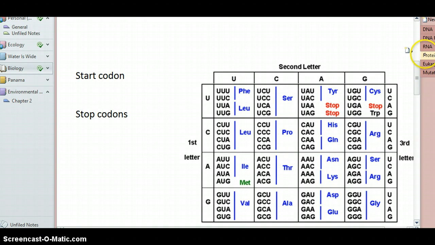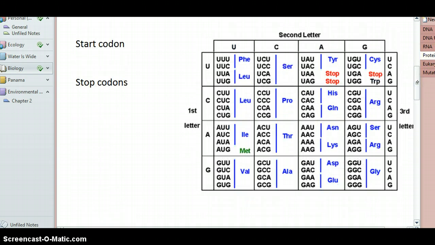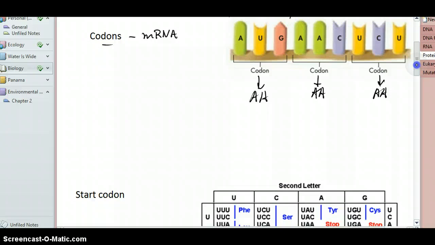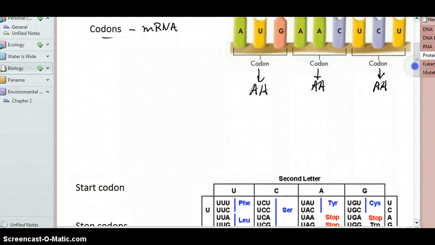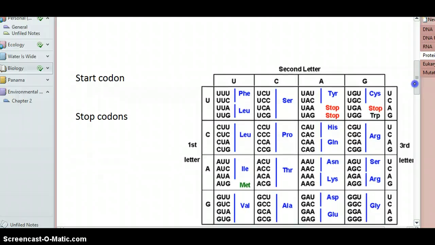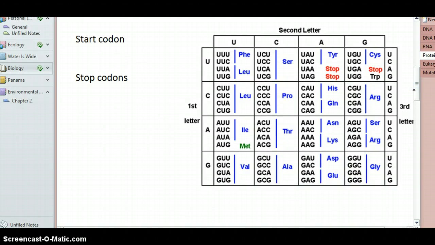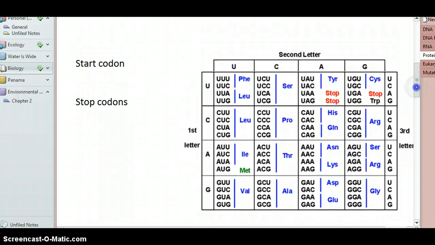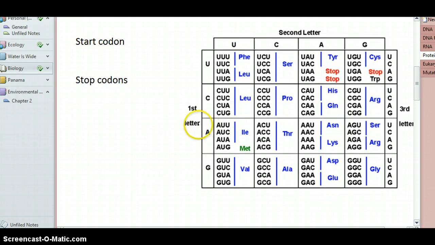All right. When you have a series of codons, like we have up here, we have one codon that's AUG, one that's AAC, and one that's UCU. We look in the genetic code to figure out, okay, which amino acid does AUG code for? In your codon, you have 3 nucleotides, the first one, the second one, and the third one.